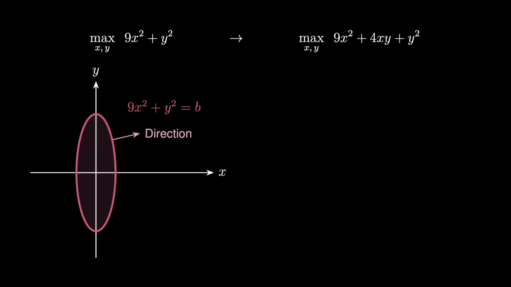Let's consider a more complicated objective function. What if the objective also includes a cost term, 4 times x times y? The shapes are no longer axis-aligned ellipses. The cost term rotates the ellipses, as you can see by comparing the two plots side by side.